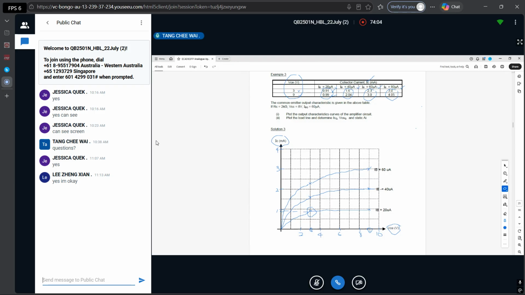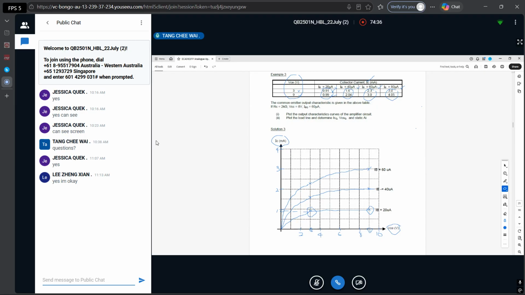Yes, so I project up. I move up. Then the next moment, I look at my collector current. They say 0.99. Okay, easy. I come to my collector current over here. 1 is here. So 0.99 is very close to 1, right? Yeah, so from there, the collector current I project and the VCE I project, I get my second point.